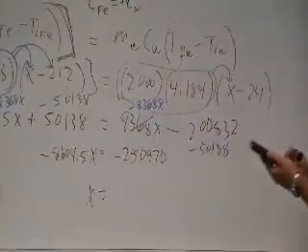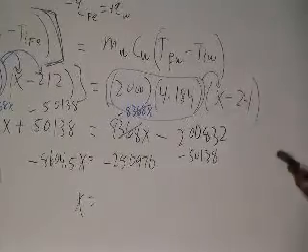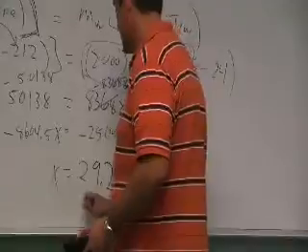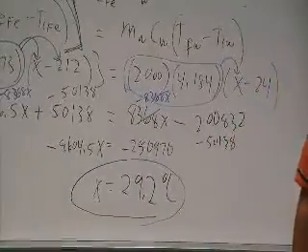Divide both sides by negative 8,604.5 to give me 29.2 degrees centigrade.